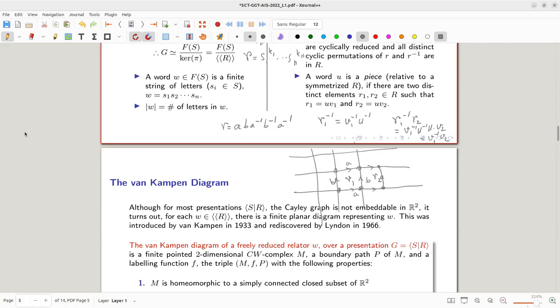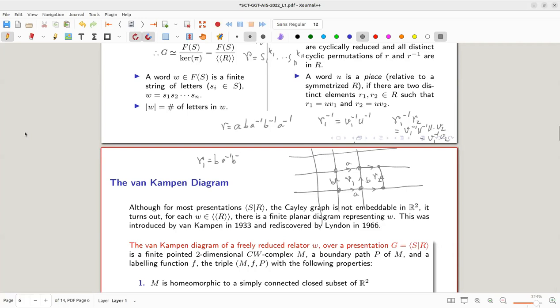Maybe you can write down R1 and R2. Then it will be clear for the example. So R1 will be, say, B A inverse B inverse A, right?